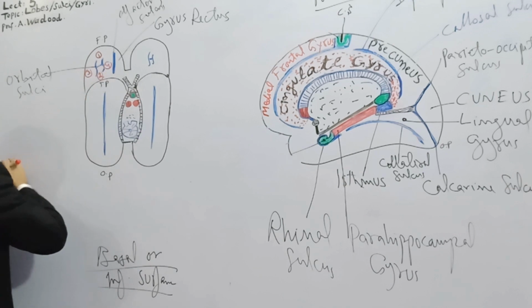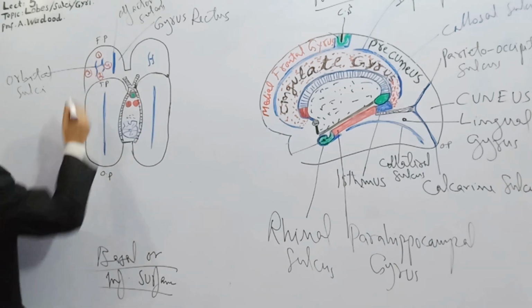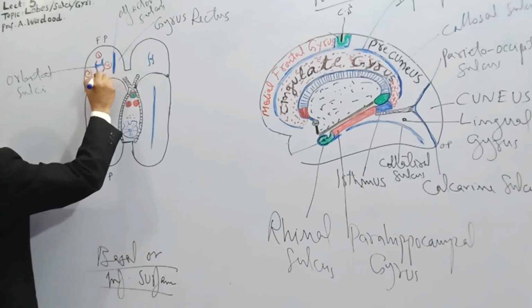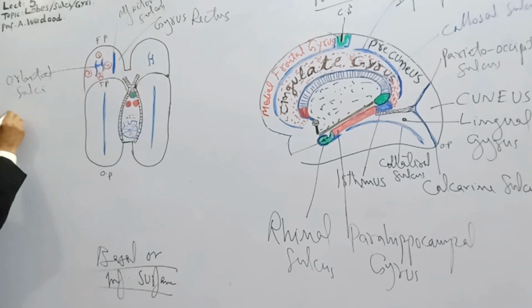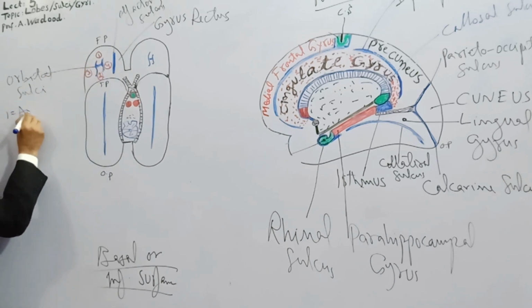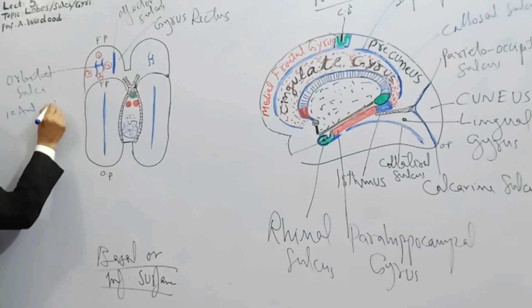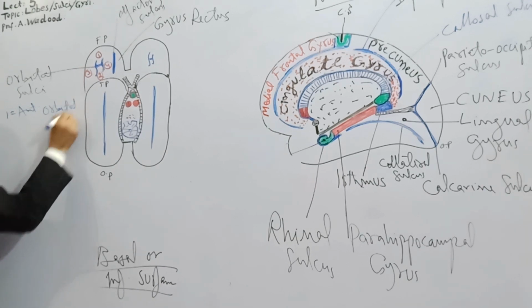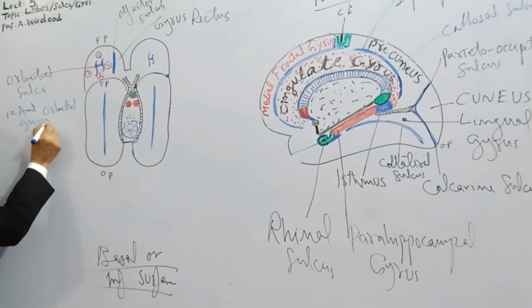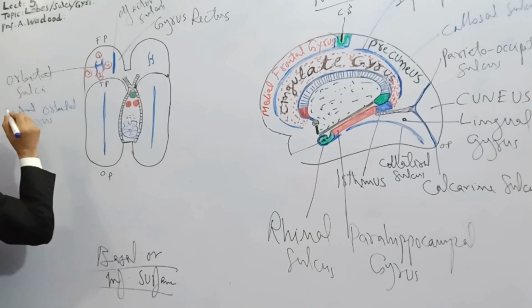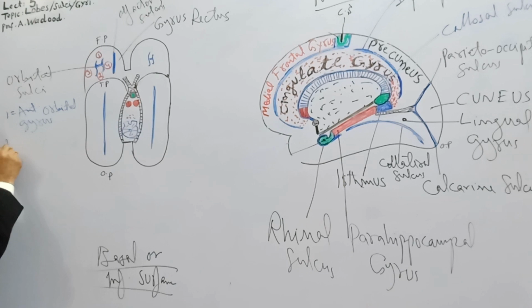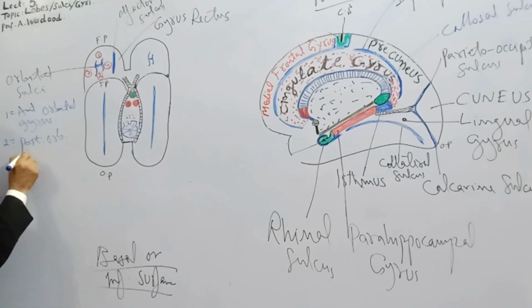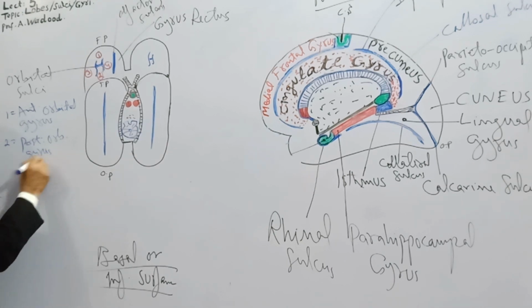These are not numbered because the space is not available, so I cannot label here. So number 1 is the anterior orbital gyrus in front of the H-shaped sulcus. Then number 2, behind the H-shaped sulcus, is the posterior orbital gyrus.